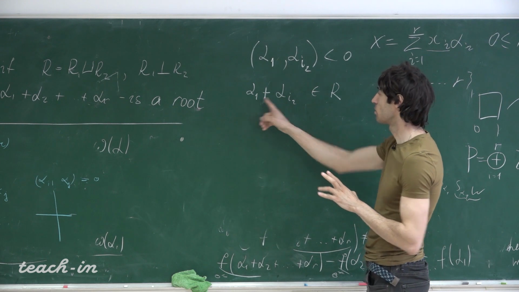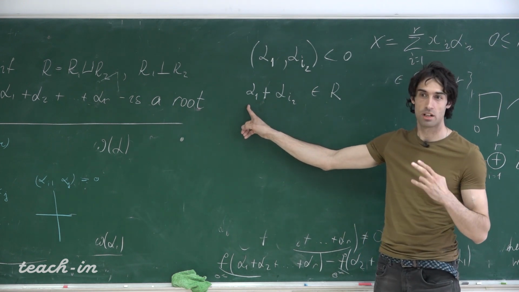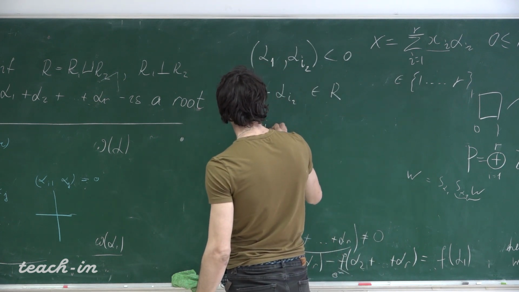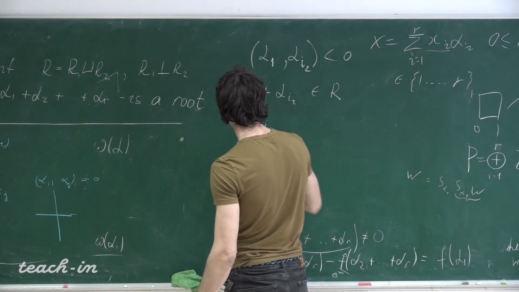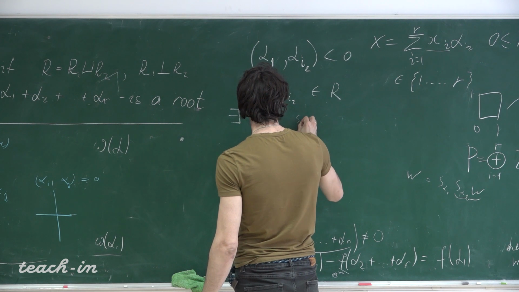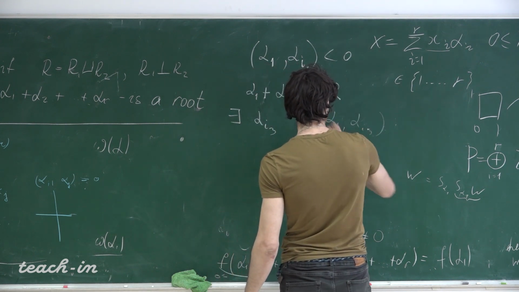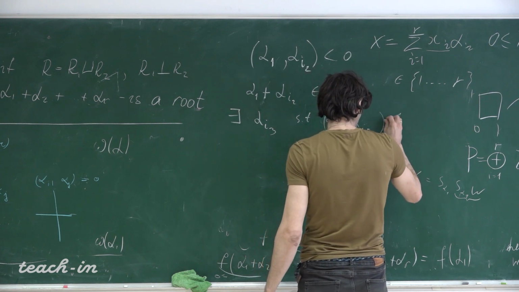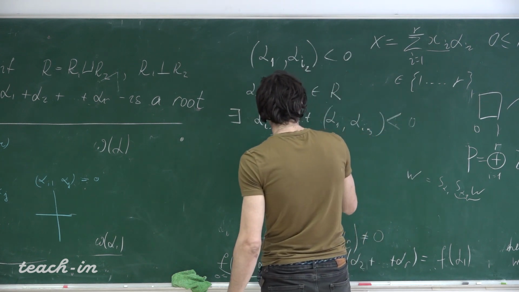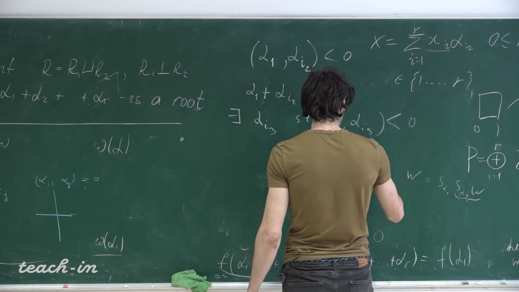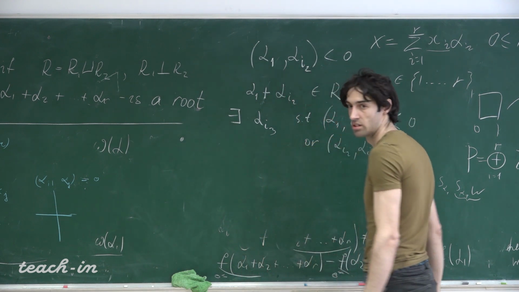So at least with one of these two it is strictly less than 0. So we need the existence of alpha I3 such that alpha 1 with alpha I3 is less than 0, or alpha I2 with alpha I3 is less than 0.